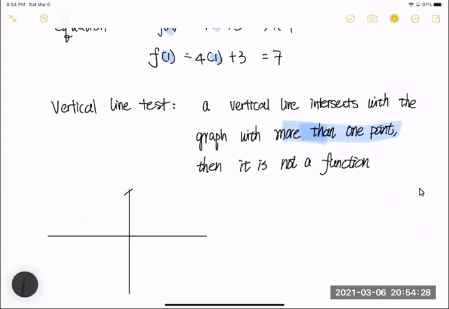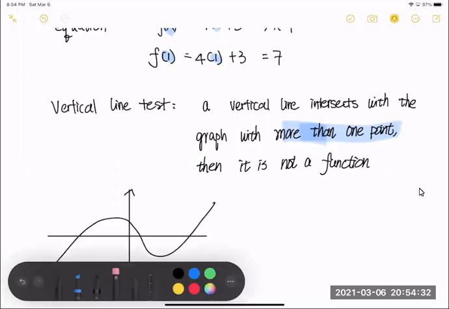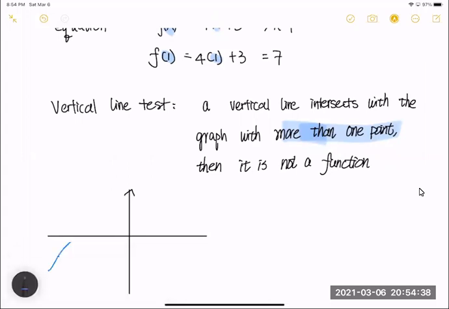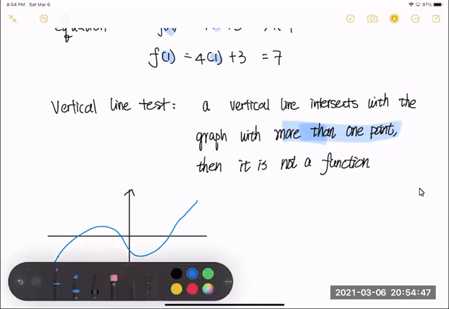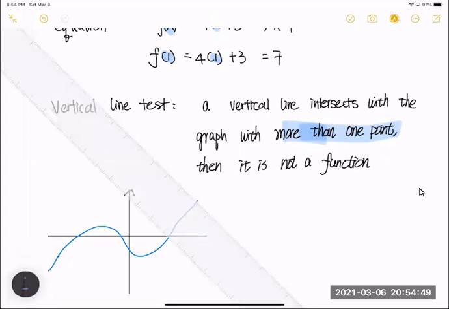Let me use a blue one. So look, this is the graph. It goes down and up and then down and then goes up. When you look at this graph, you find a vertical line. Look at my ruler. I keep pushing it from the left to the right.